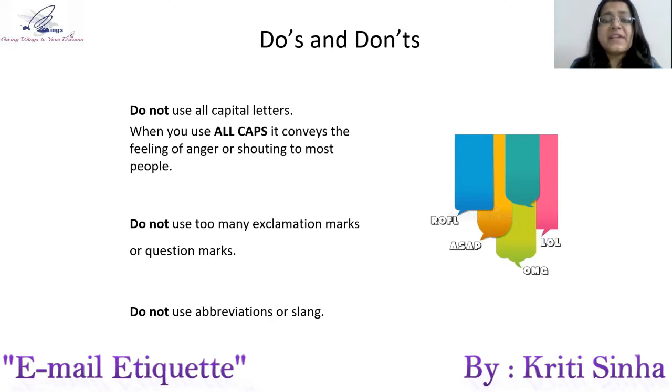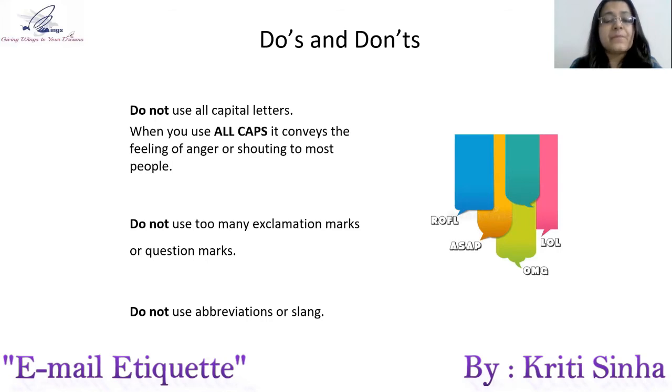Do not use too many exclamation marks or question marks. Stick to the basic rule of grammar. Whenever, wherever it is necessary, just use one exclamation mark or one question mark. Do not use abbreviations or slang, like the words or the internet vocabulary which are going around.